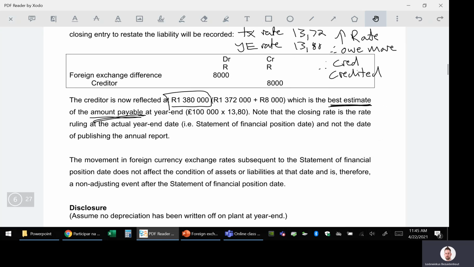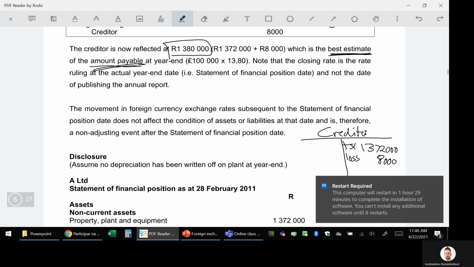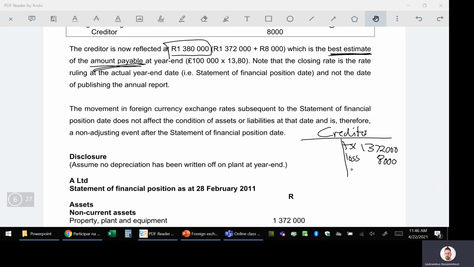If we look at the creditor account, we have the transaction at 1372. We have a loss of 8,000, and that gives us the balance of 1380. Remember, the 1372, the converted foreign currency at the transaction date spot rate, is already there.